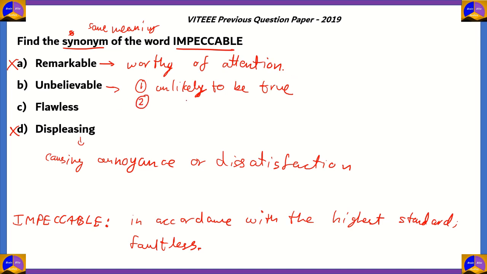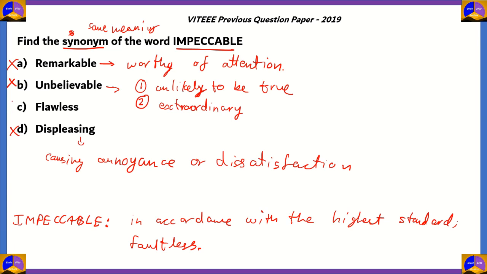You will also say something is unbelievable when it is extraordinary. So if something extraordinary happens, you can also use the word unbelievable. Again, both of these meanings do not mean the same thing as impeccable, which is in accordance with the highest standard, or faultless. So option B is incorrect.